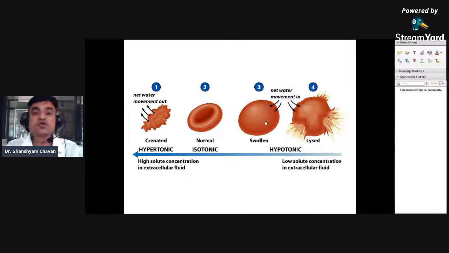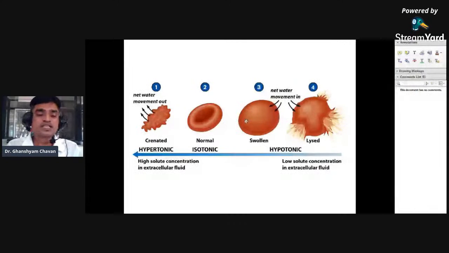You can see here the RBC has swollen. If the solution increases further, after some time the RBC will burst. Lysis of the cell will occur, with net water movement inside the cell. In this fashion, we have discussed hypertonic, isotonic and hypotonic solutions, with low solute concentration in extracellular fluid, and how the RBC is affected by these solutions.